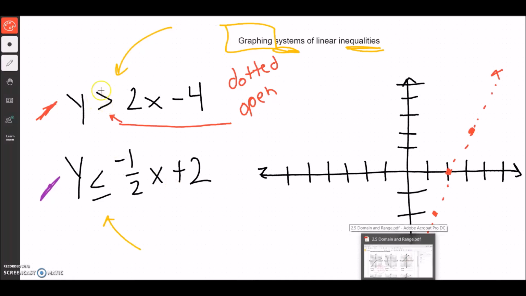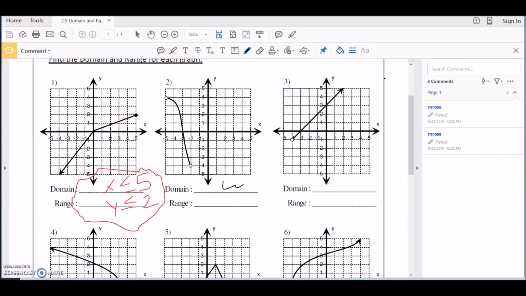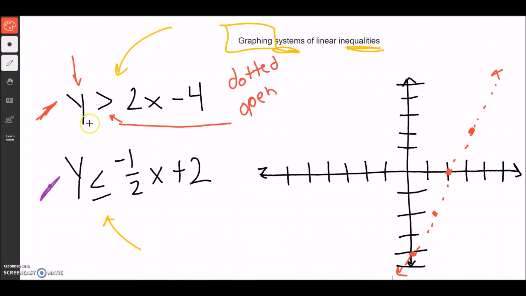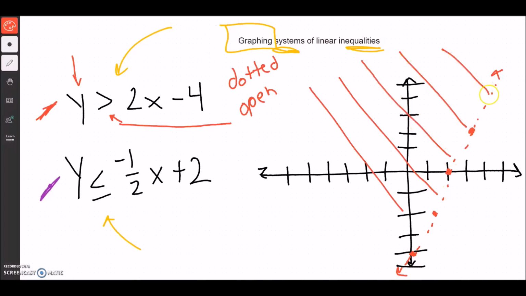This symbol also tells me that the shading I should do is bigger than the line, because y is bigger than the line. So I would shade above the line. So here's my shading above the line. That's what it should look like.